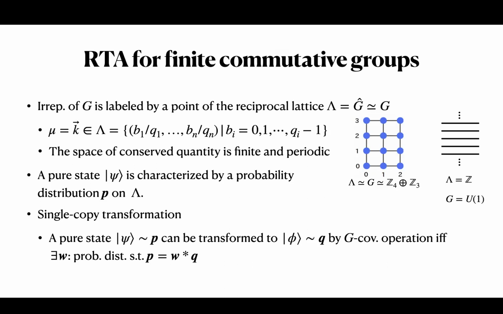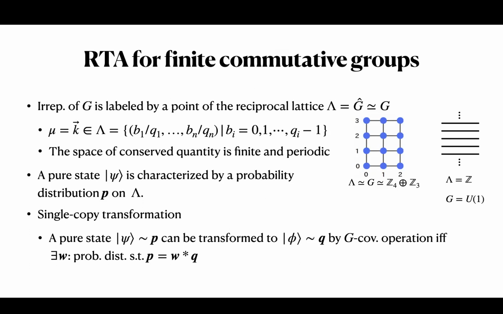But this is very different from the U1 case. In the U1 case, the space of conserved quantity is the space of integers, so infinite. But for finite commutative groups, it is finite.